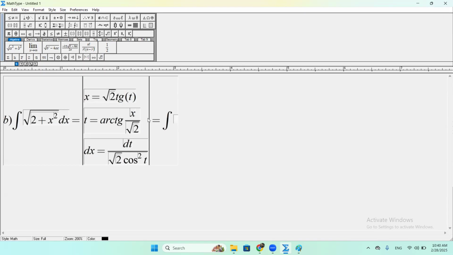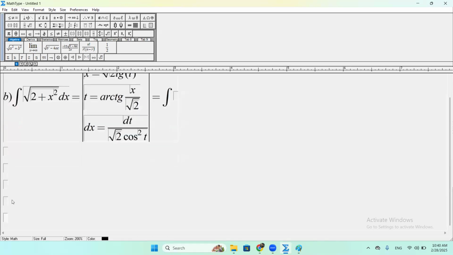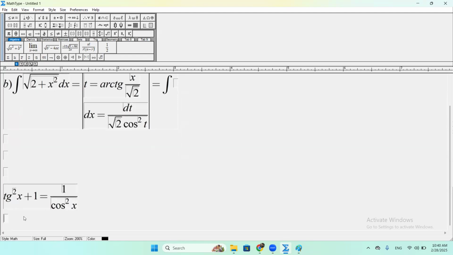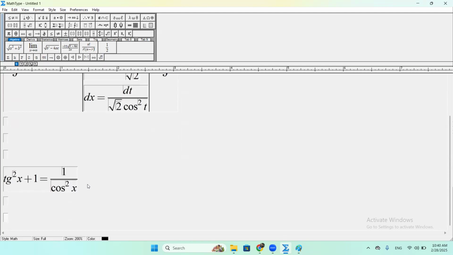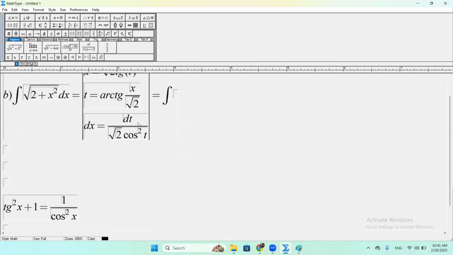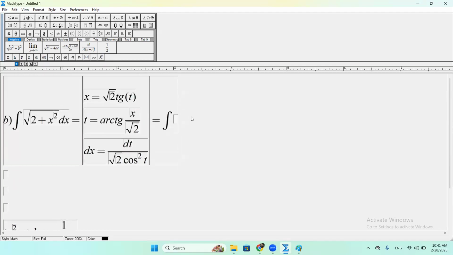So what do we receive? Let me remind you of this trigonometric formula: tangent square of x plus 1 equals 1 over cosine square of x. It is the main trigonometric equality. So what we will receive?